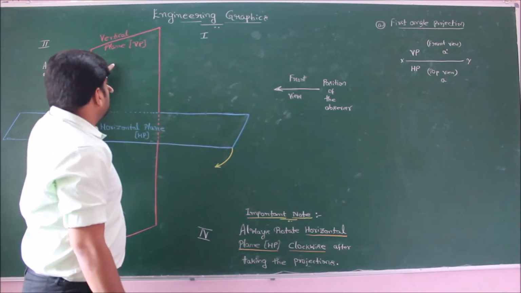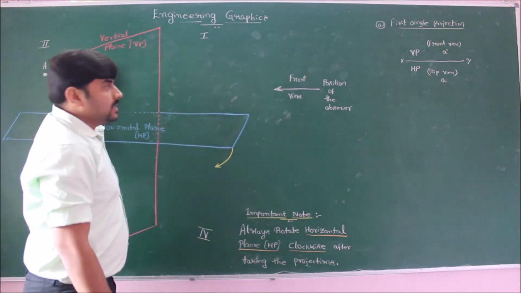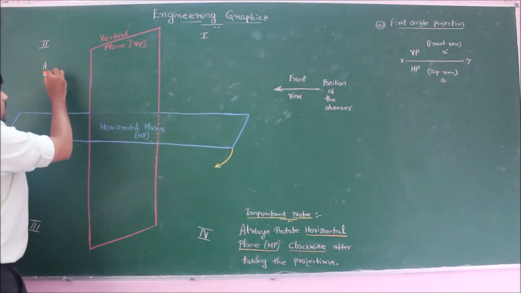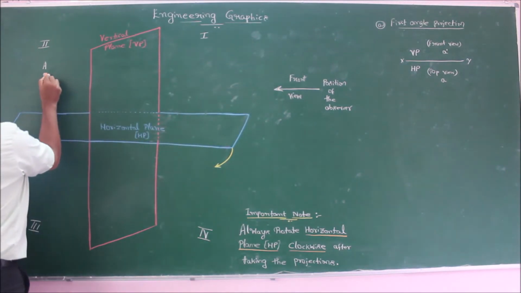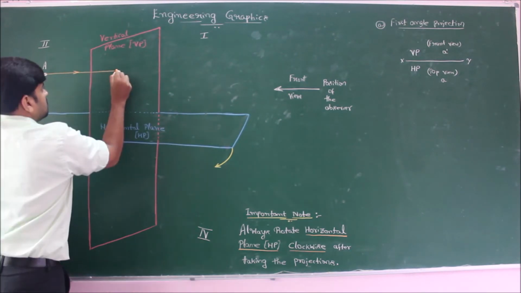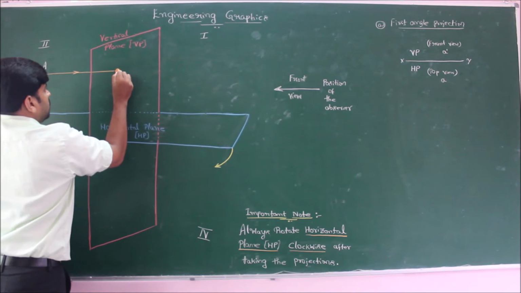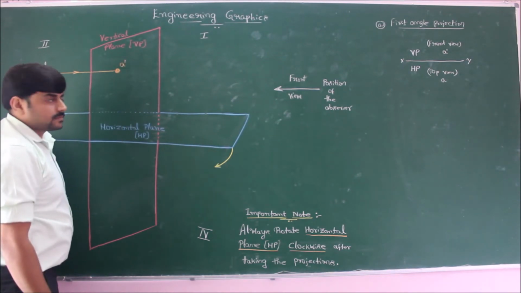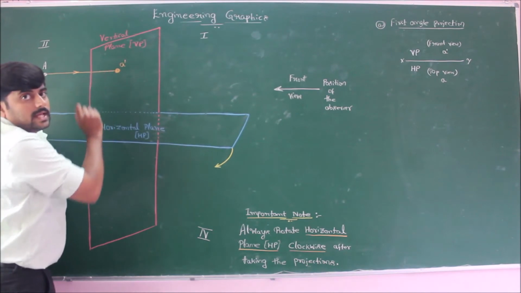So assuming that the vertical plane is transparent, the observer will visualize the point and take back the projection onto the vertical plane.